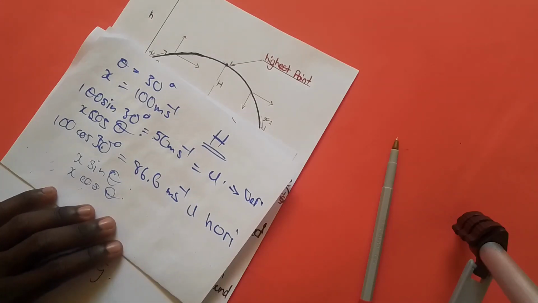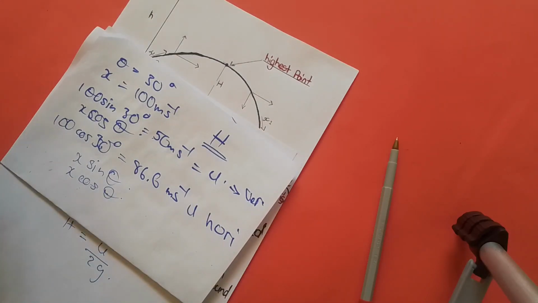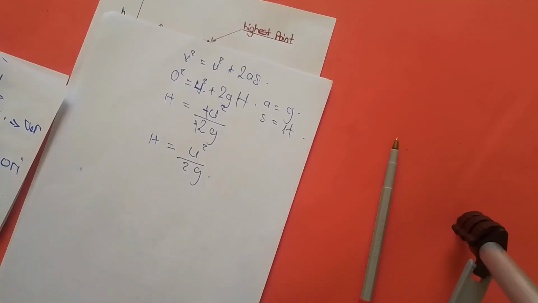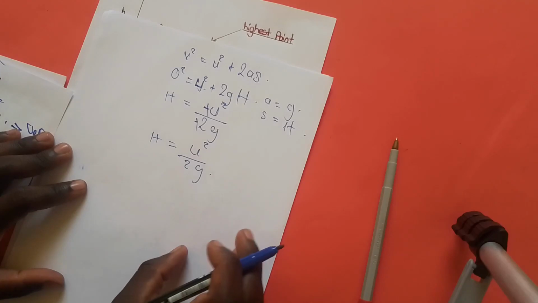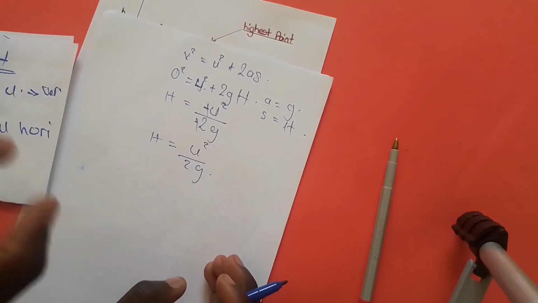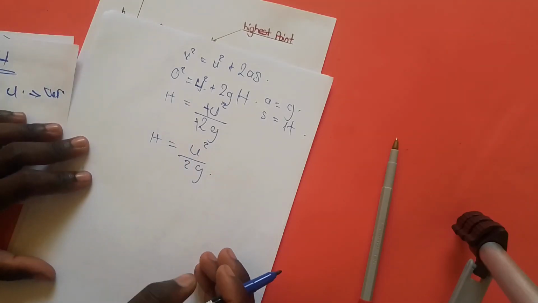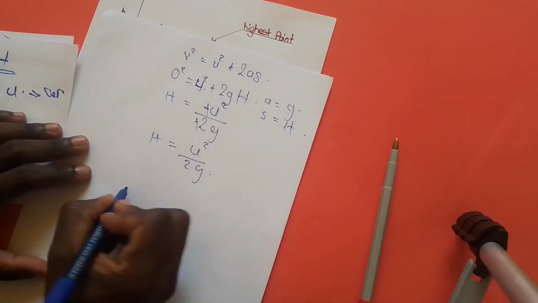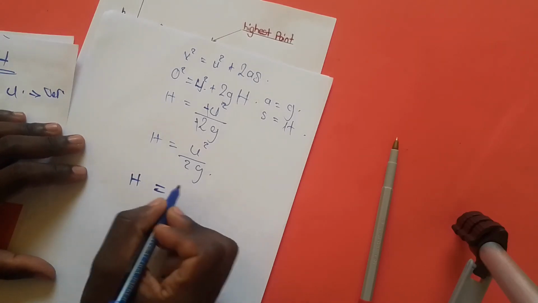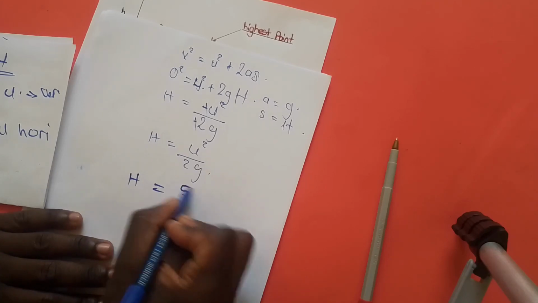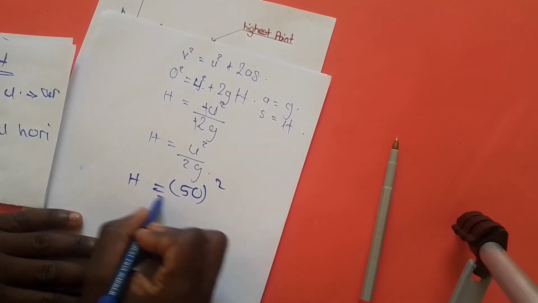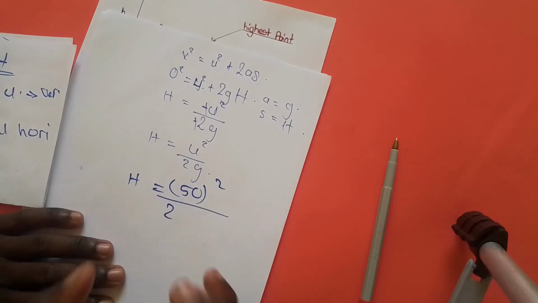Okay, so let's get back to our calculations now. Since we have calculated u in the vertical direction and found that u is equal to 50 meters per second, we are now just plugging those values into our equation. So h, the maximum height, is equal to the initial vertical velocity, which is 50 squared over 2g.